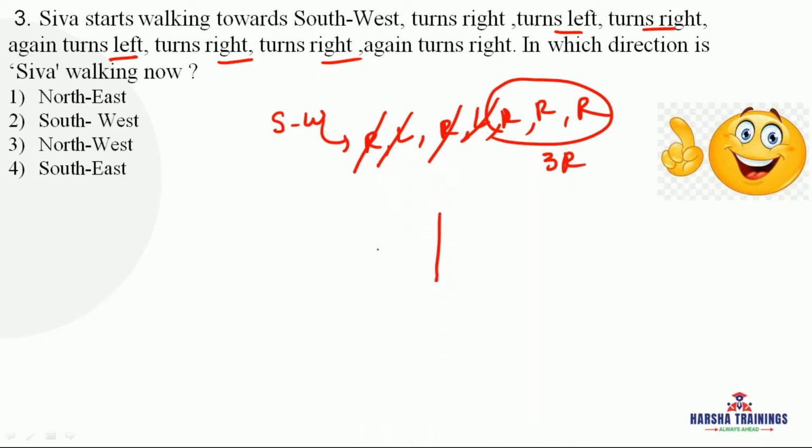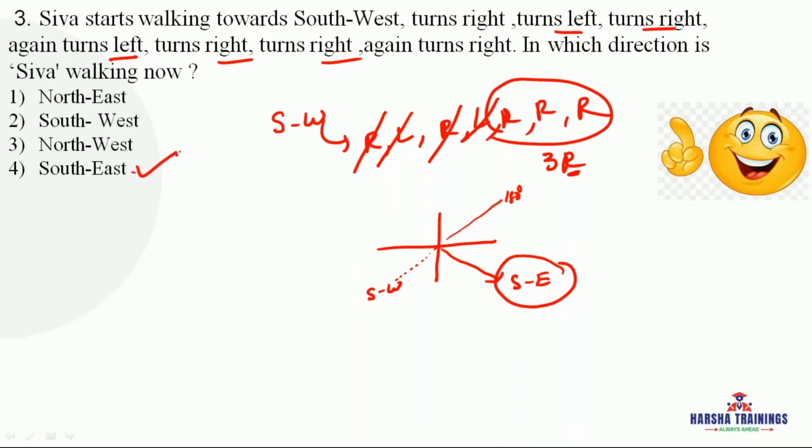Yes, very good. A person starting which direction? Southwest direction. Opposite is how many degrees? 180 degrees, right? So here right means clockwise direction, and this is 270 degrees, southeast direction. Somebody saying northwest? No. Okay, so answer is southeast direction.